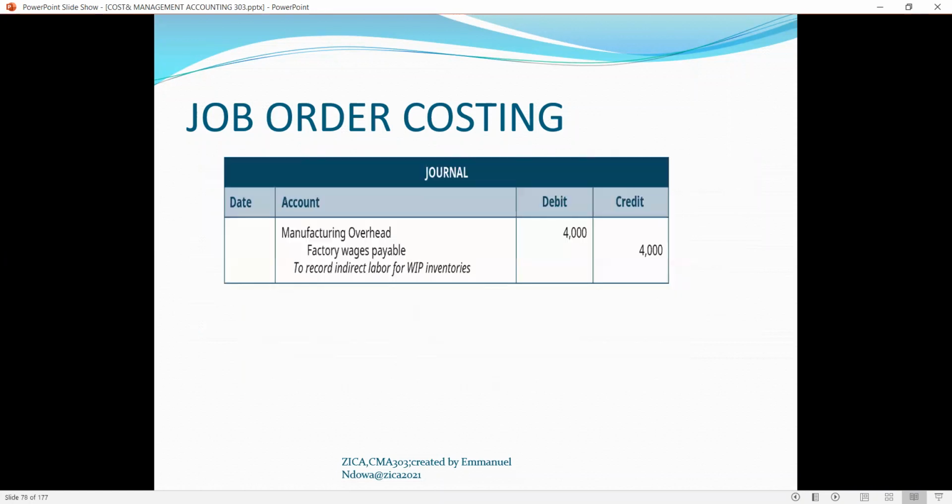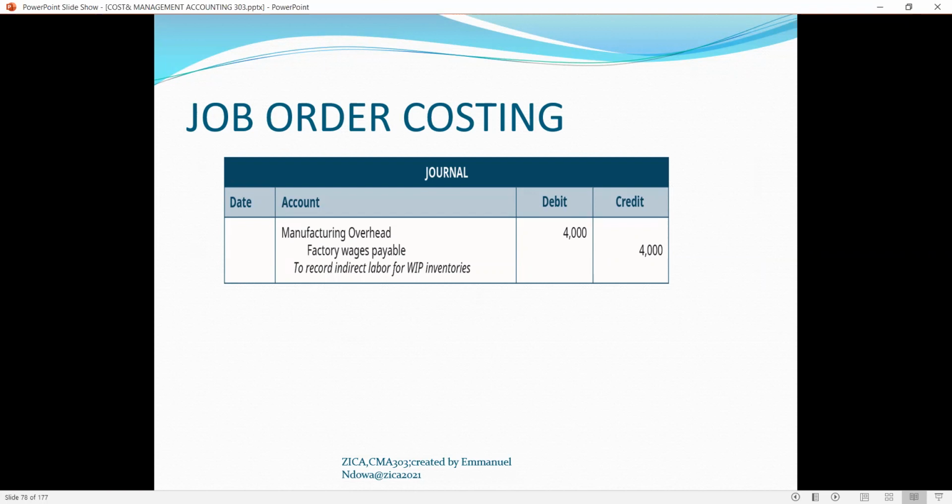So, in line with what I've been explaining, that's what is illustrated by our first leg of the journal. Our factory wages payable is the one that is going to be credited with 4,000, the amount of indirect labor that is going to be paid to the whole production plant of the stationery.